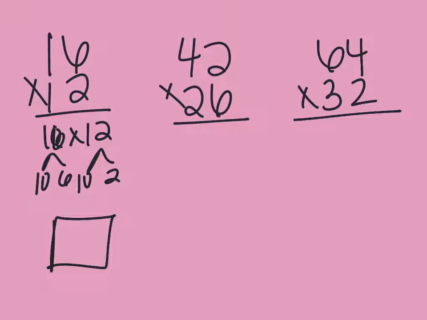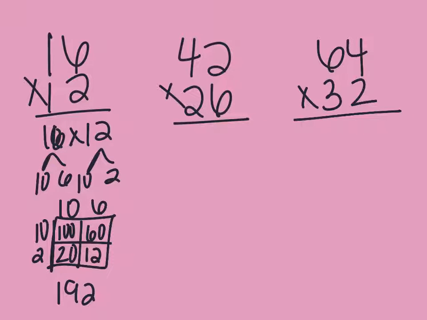Then we will make our box, 10, 6, 10, 2, and this equals 100, 60, 20, and 12, and this equals 192.